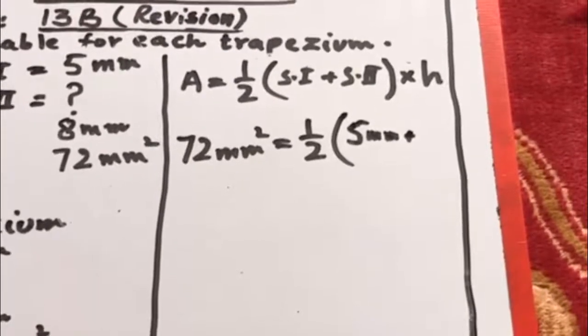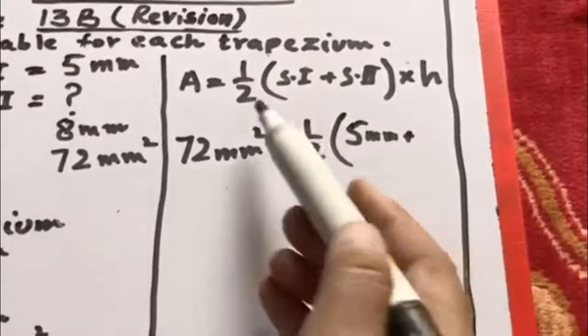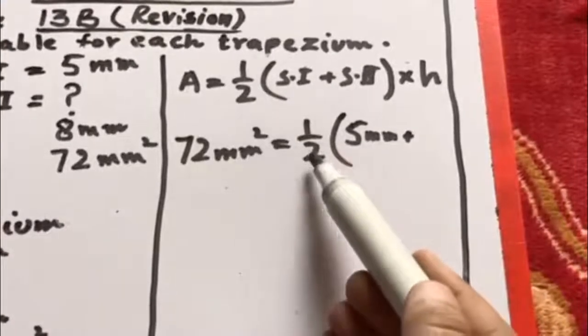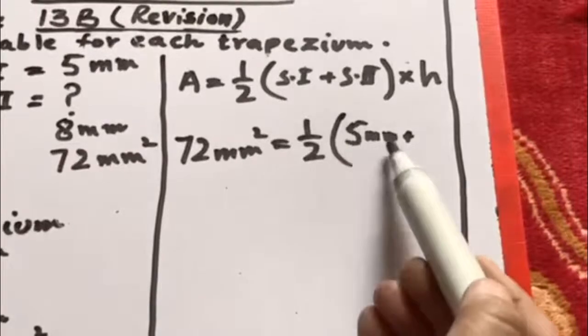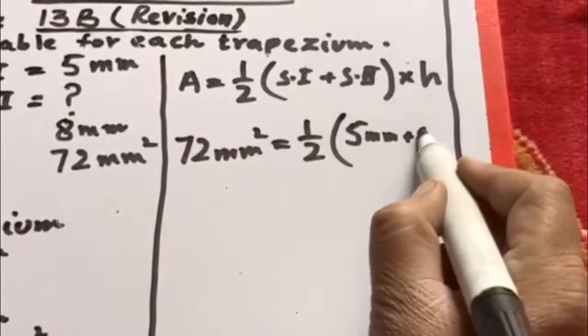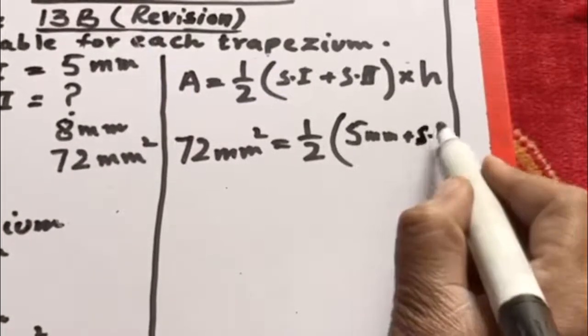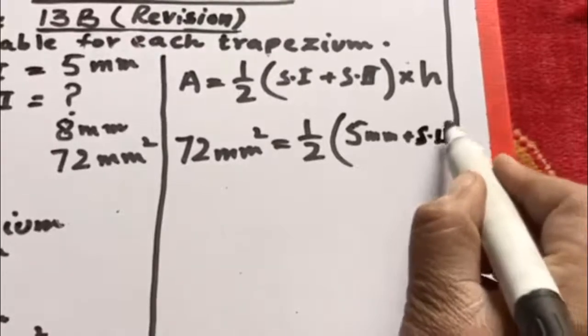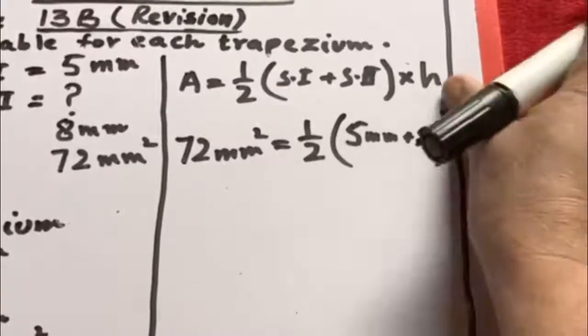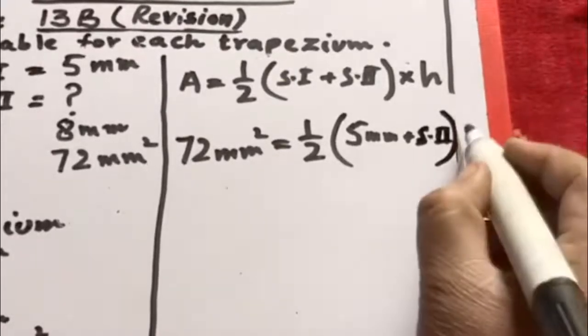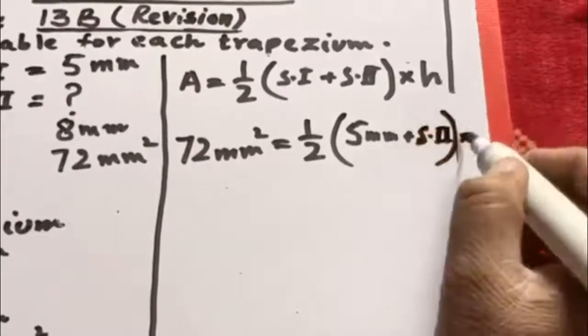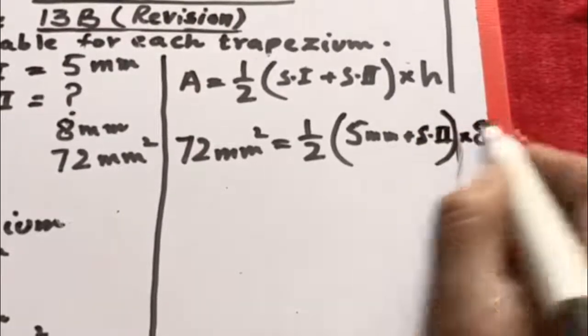Side 1 is 5 millimeter, and parallel side 2 we have to find, so we write it as it is, and then we multiply it by the height, which is 8 millimeter.